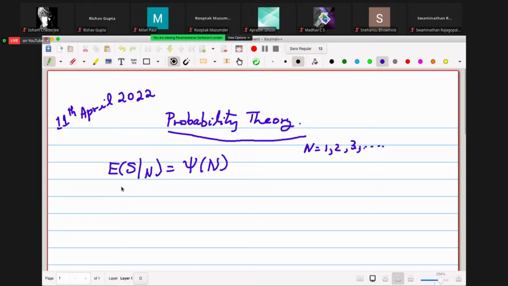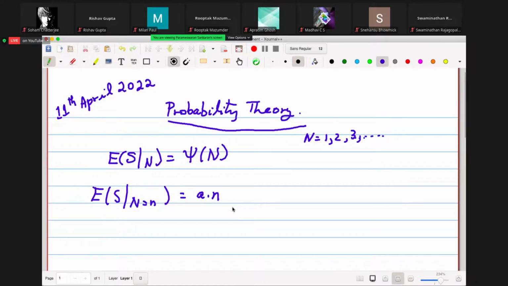I was trying to tell you, we had computed E of S given N equals n. That turned out to be some number a times n. It is something dependent on n, and the dependence is very simple.